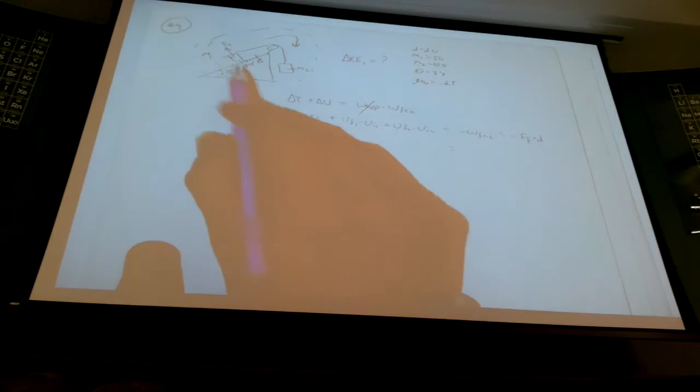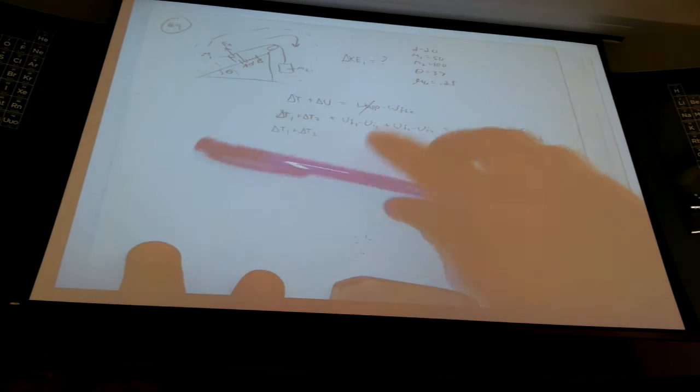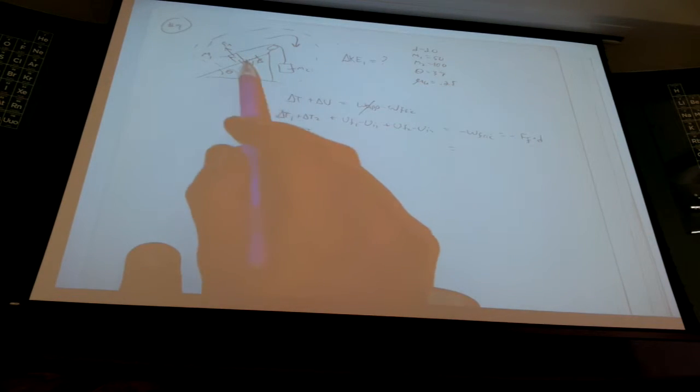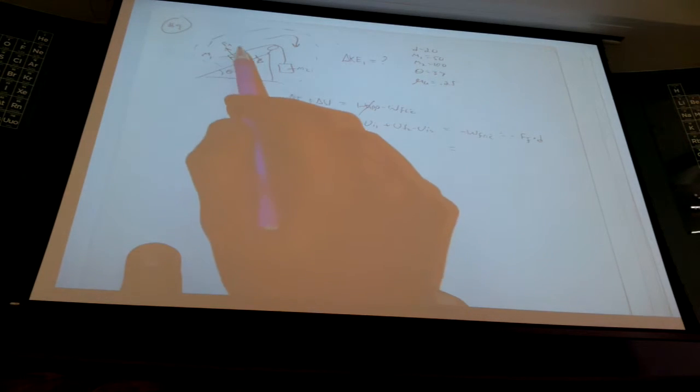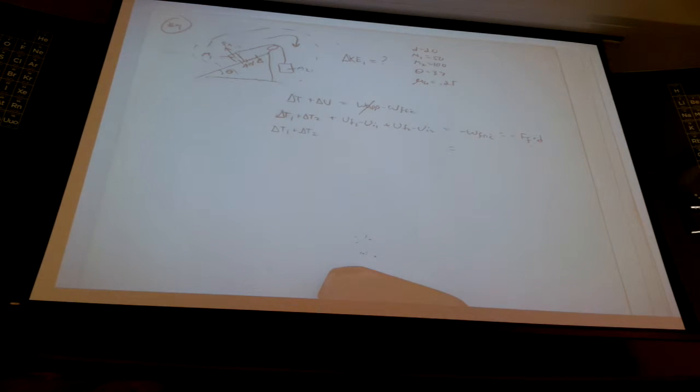For this left block, which I call block 1, it's starting right here, and it's moving up some distance. So I'm going to call this my 0 point. You can find out how much it's moving up by just using trigonometry, because it tells you how long the horizontal distance or the diagonal distance is, and it's asking what height it changes up.